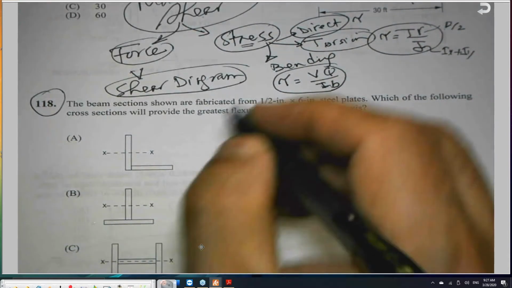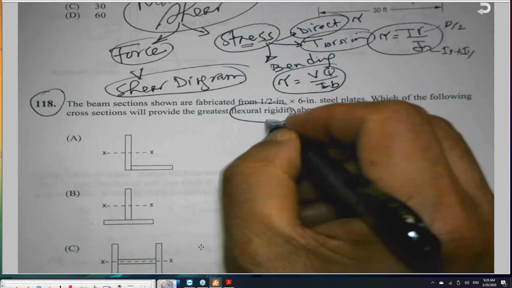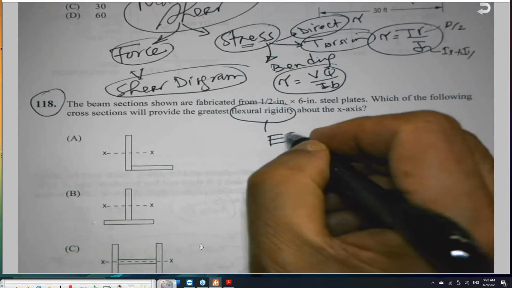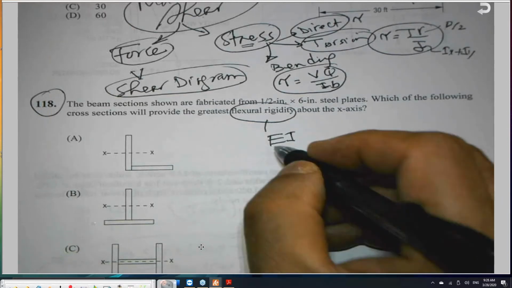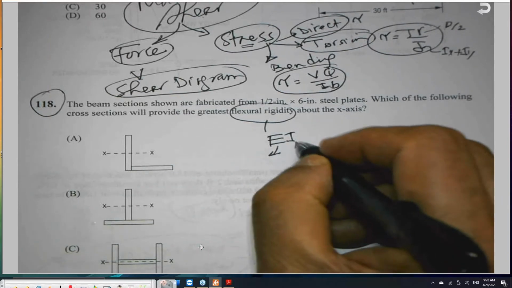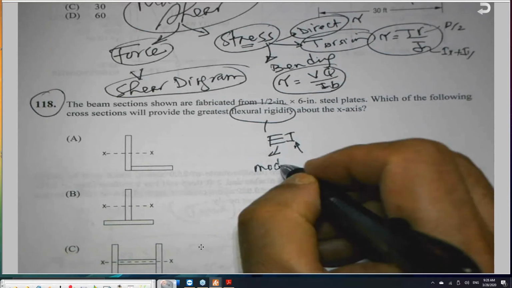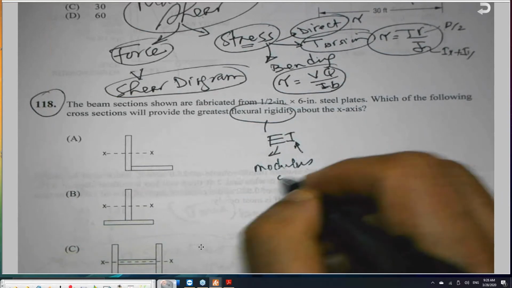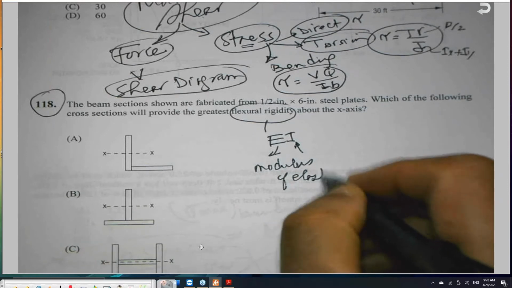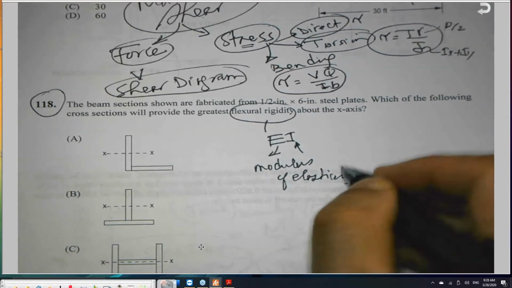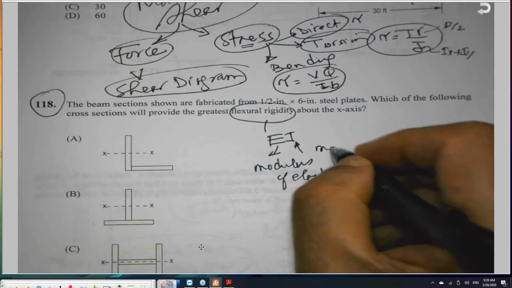Another problem, 118, is talking about the flexural rigidity, the EI, the product EI, flexural rigidity. E is the modulus of elasticity, and I is the moment of inertia.